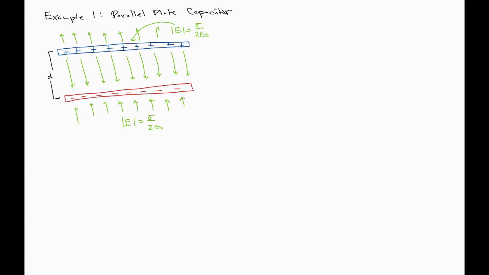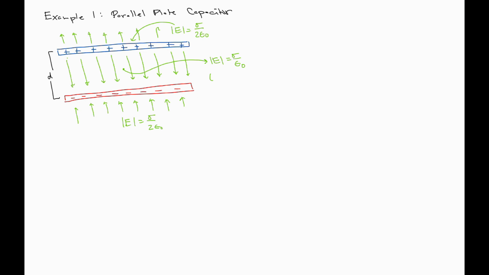In between, we get a superposition of those two fields. That's actually going to double the strength of the electric field. So we're just going to get sigma over epsilon naught, because we are superimposing the downward electric field from the negative plate and the downward electric field from the positive plate.